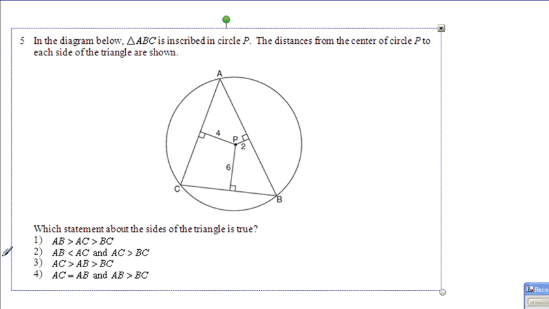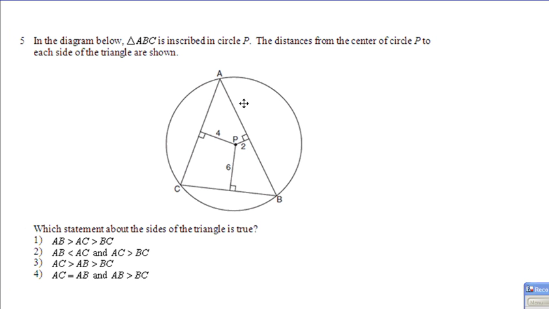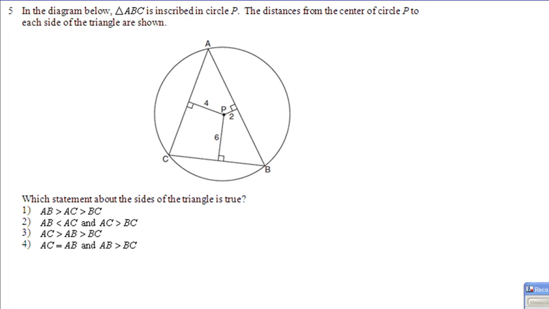All right, let us move on to number 5. Here, what we are looking for is this. The chord gets longer and longer as it gets closer to the center. You see, the biggest chord in the circle will be the diameter.